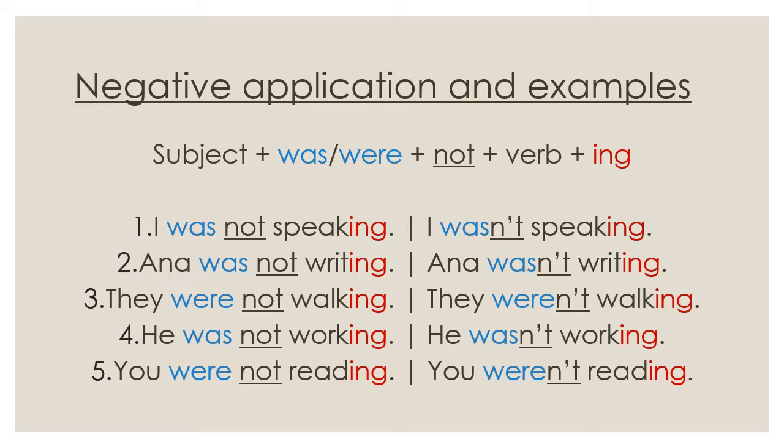Number 2. Anna was not writing. Anna wasn't writing. Number 3. They were not walking. They weren't walking. Number 4. He was not working. He wasn't working. Number 5. You were not reading. Or you weren't reading.